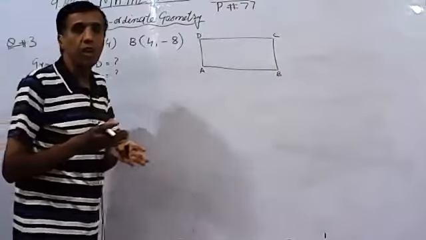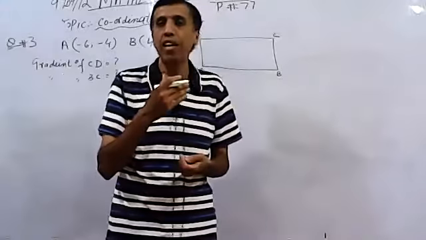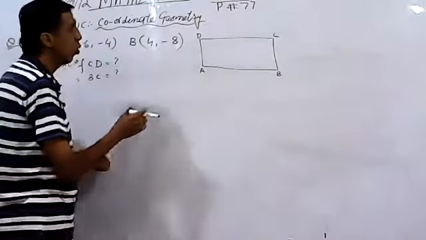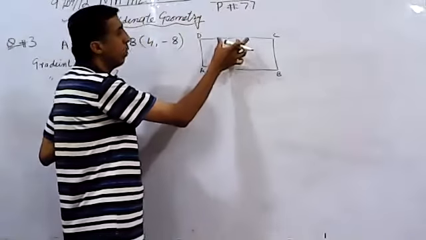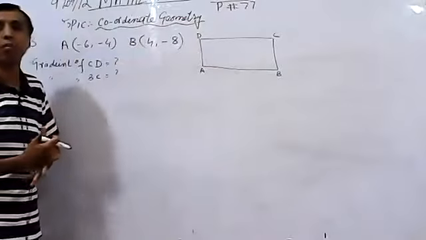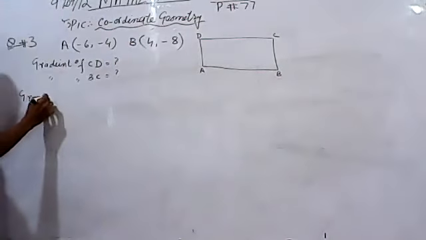The property of the rectangle: the two opposite sides are parallel and equal because it is a regular polygon. So if I get the gradient of AB, AB is parallel to CD, the gradient will be the same. So I will get the gradient of AB.